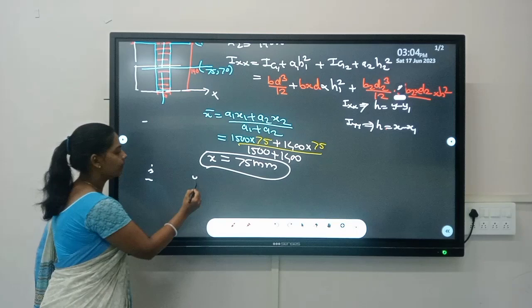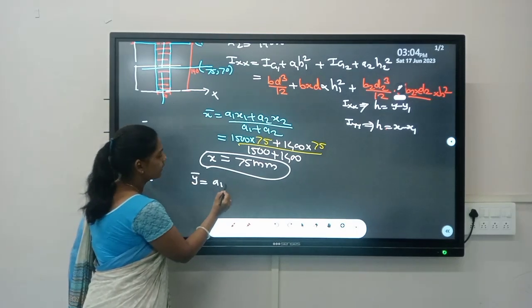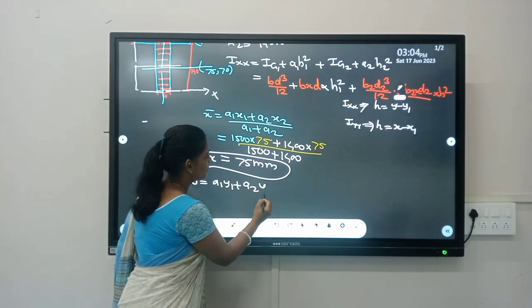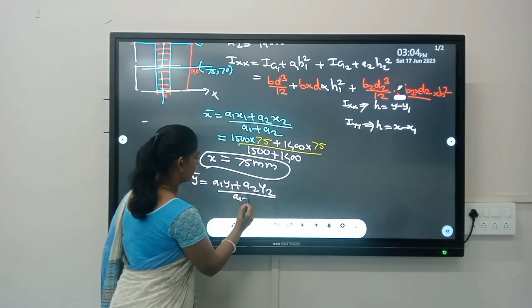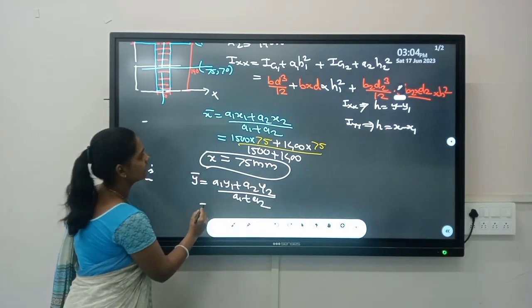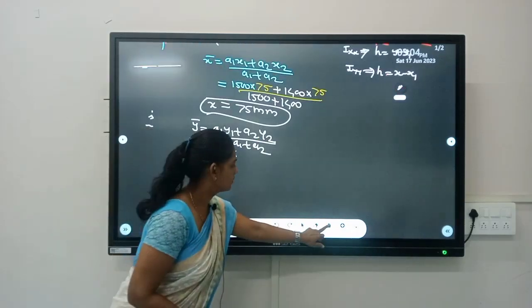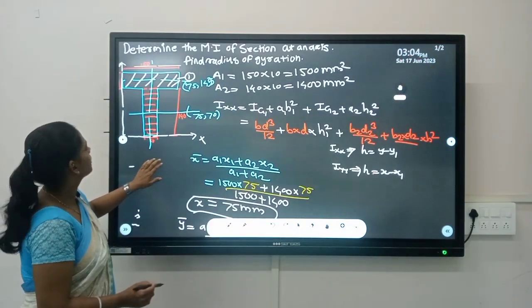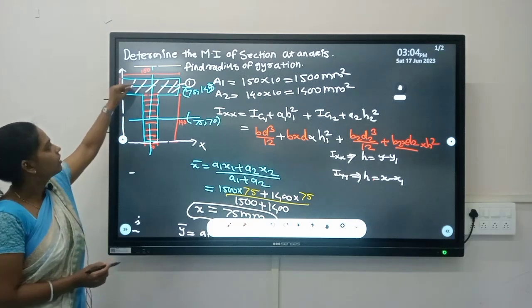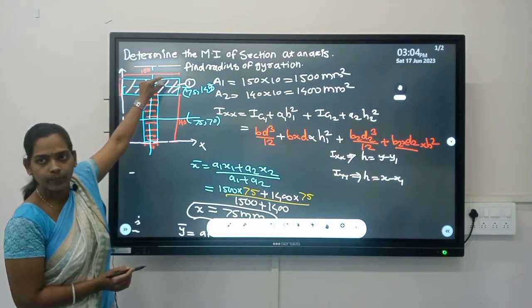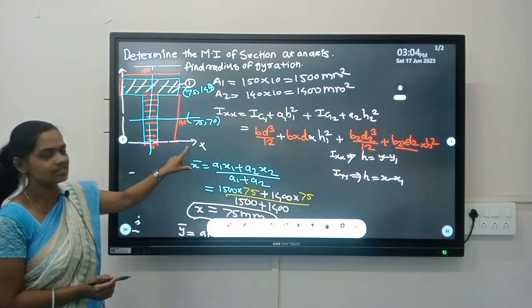Now we will calculate y bar. Y bar is equal to A1 y1 plus A2 y2 divided by A1 plus A2. What is A1? 1500 into y1. y1 is obviously located at 5 mm, but we want with respect to this x-axis.